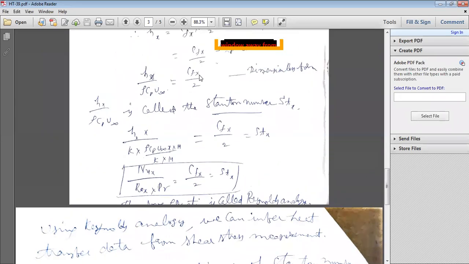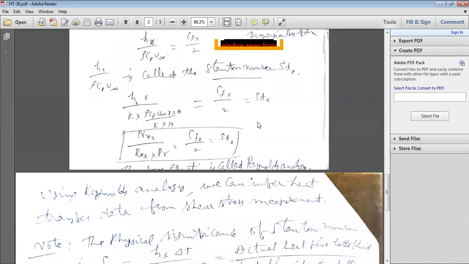So that is equal to again Cfx by 2. That is the Stanton number. Hx into x by k, that is the Nusselt number at a given value of x.